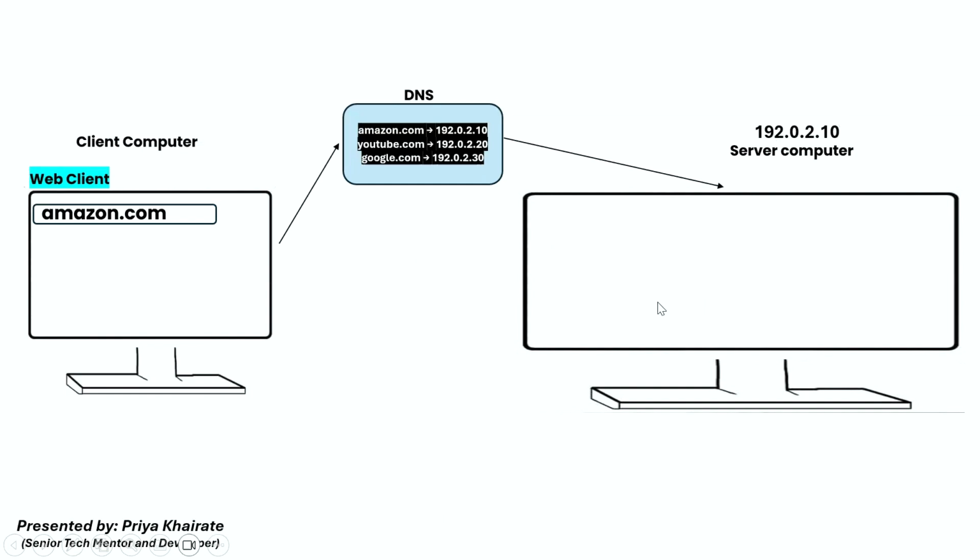Okay. Or in other words, look here. This is our client computer. Why are we calling it a client computer? Because web client software is running in this computer. Web client means the browser is running in this computer. So the computer in which the web client is running, and by using the web client we are requesting some data, is what we call a client computer.